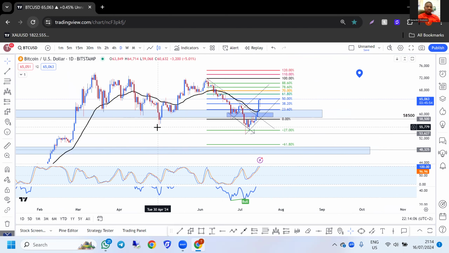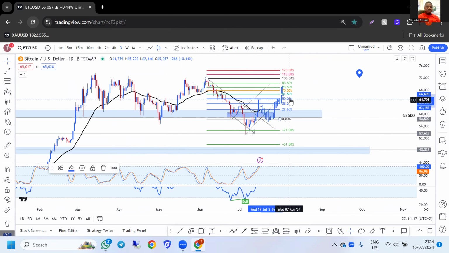I hope that makes sense to you. So I'll be waiting for market to retrace this way, and then we move up. Let me delete that Fibonacci.